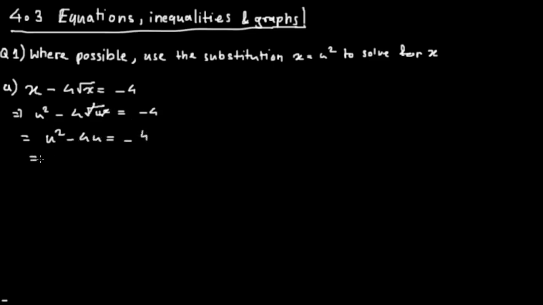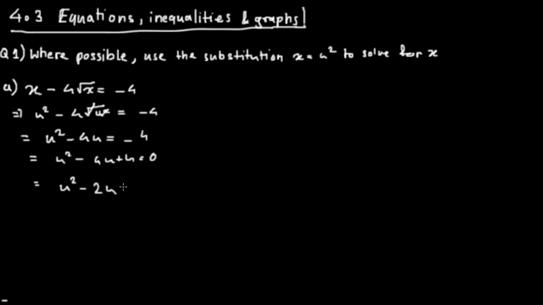From here, this looks pretty familiar. This is a quadratic. So u squared minus 4u plus 4 equals 0. Now we can start solving. I was reading the notes out wrong.